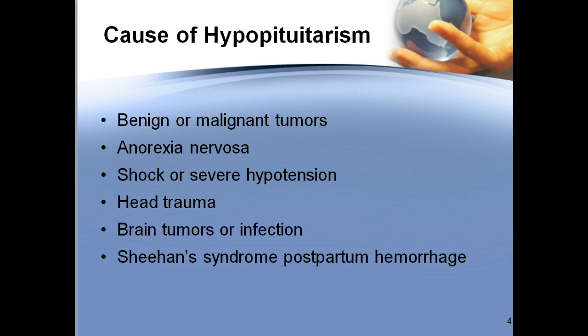Also, when I was talking about Sheehan syndrome, postpartum hemorrhage, and the pituitary gland: generally when a person is pregnant, the pituitary is usually more enlarged, and if they have a hemorrhage episode and then go hypotensive, they can get what they call blood loss, or ischemia or necrosis of the gland.